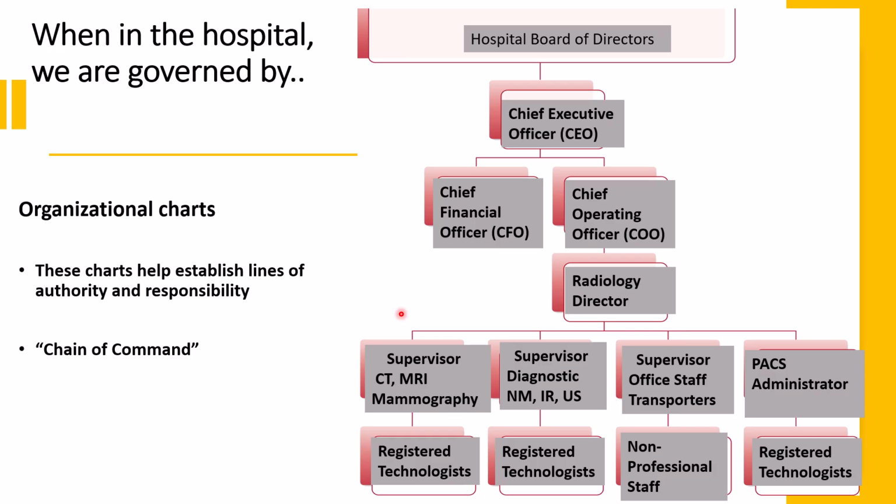The CT supervisor is over CT because those departments are so large. Diagnostic radiology has its own supervisor. But in Herman, nuclear medicine and ultrasound are under the same department, and IR may be under CT. So they may not always be divided up like this, but there's usually several supervisors that are over certain diagnostic tools.